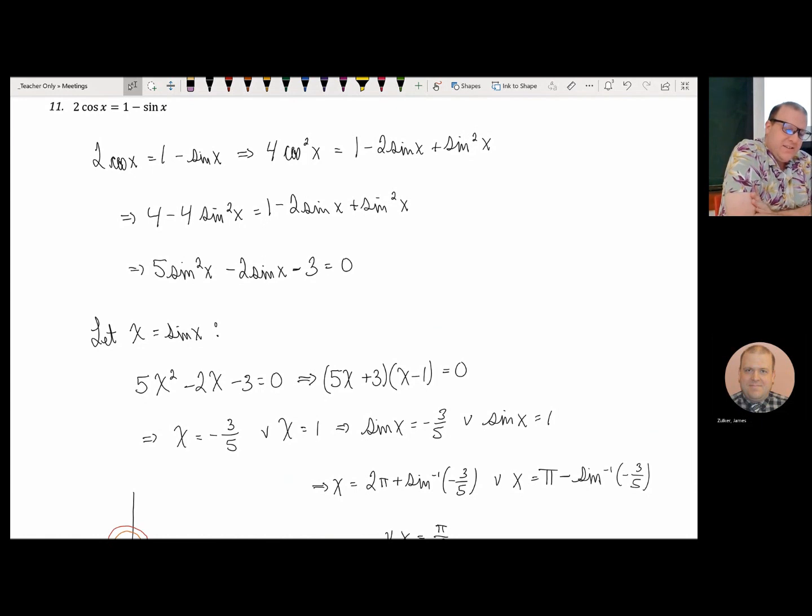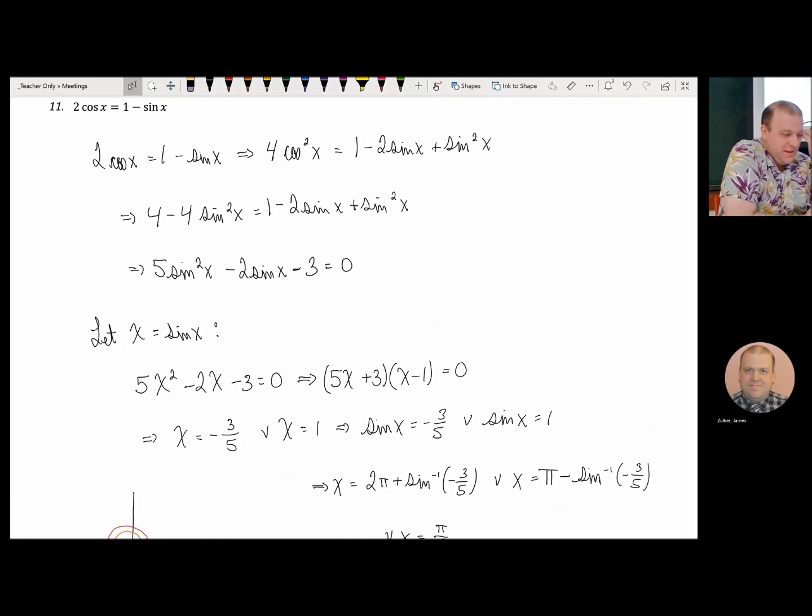Pi minus the inverse sine of negative 3/5 is a difference formula.